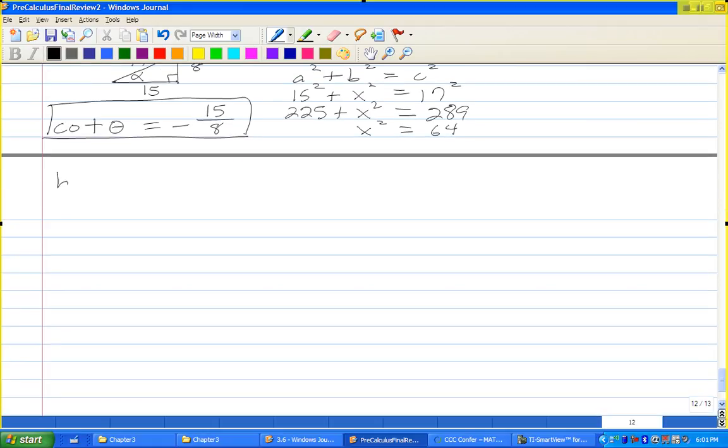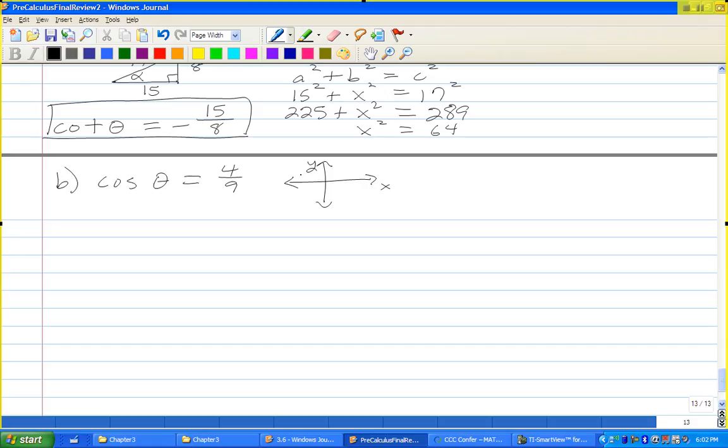B. Cosine is 4 over 9. Tangent is less than 0.